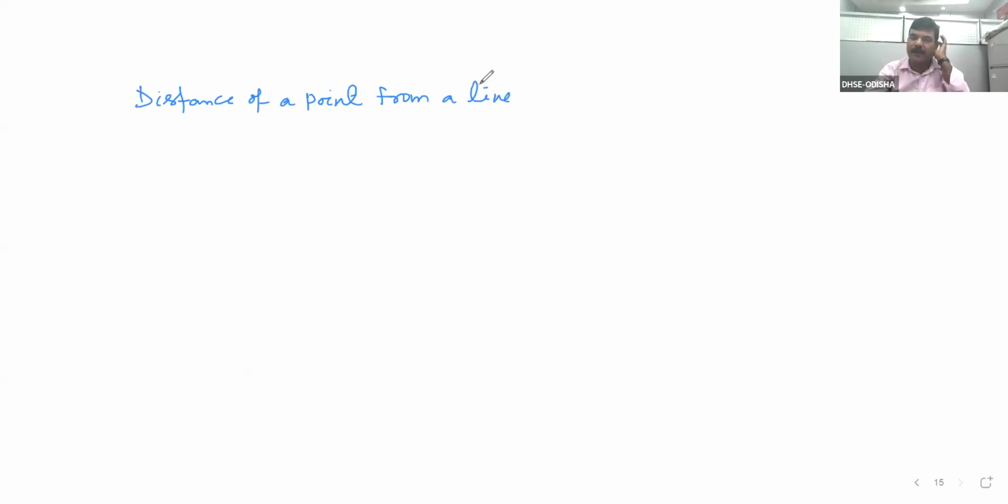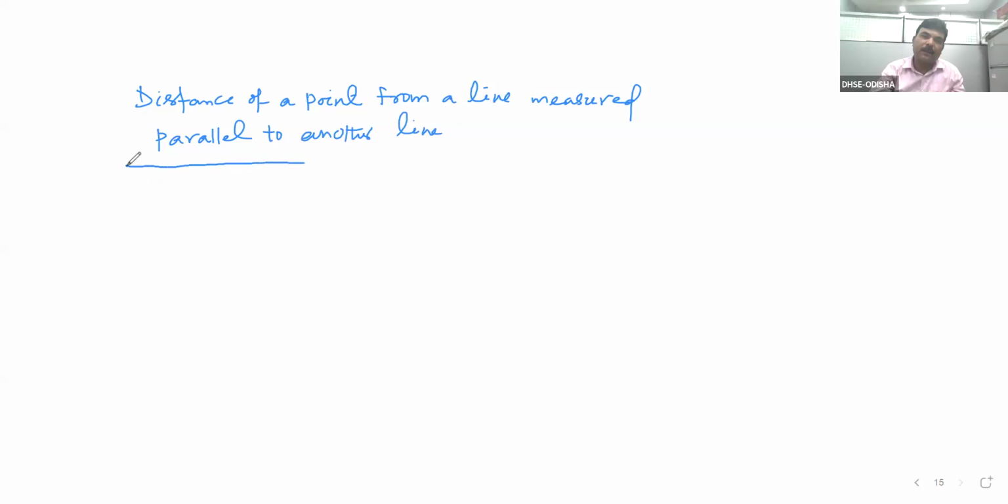Distance of a point from a line measured parallel to another line. Okay.